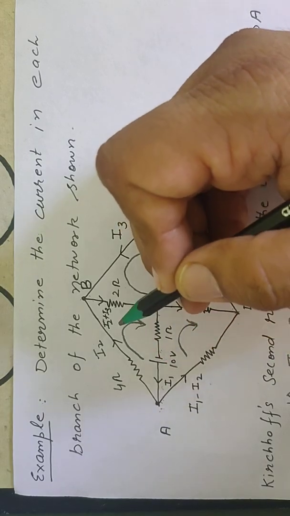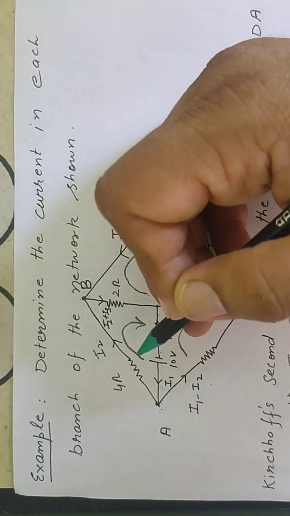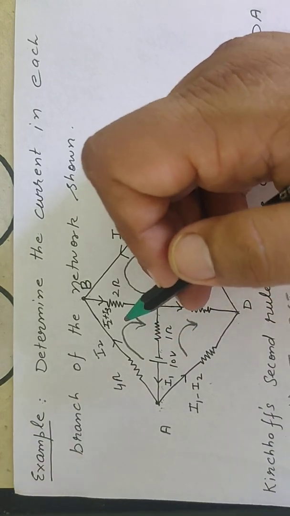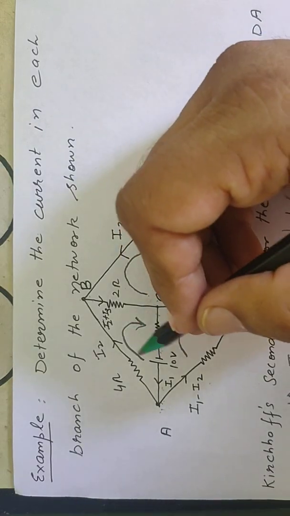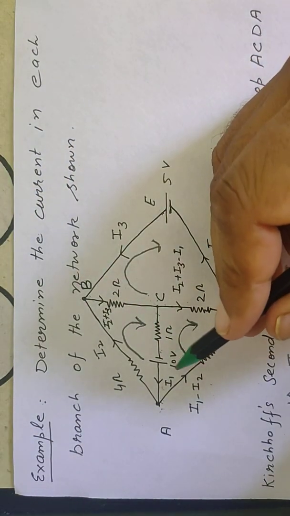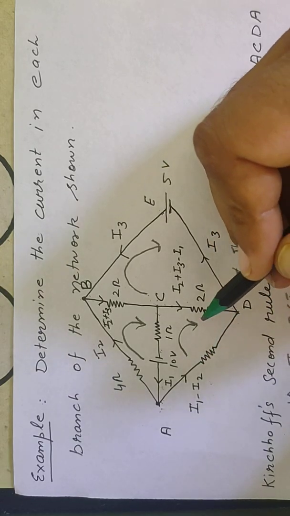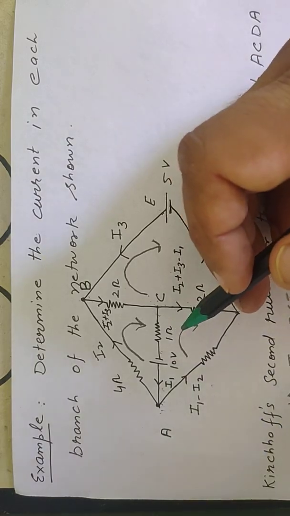We can move in this loop in the clockwise direction or in the anti-clockwise direction. We get the same result. Suppose we go in the clockwise direction in this loop, and in this loop we move in the anti-clockwise direction, again we get the same answer.